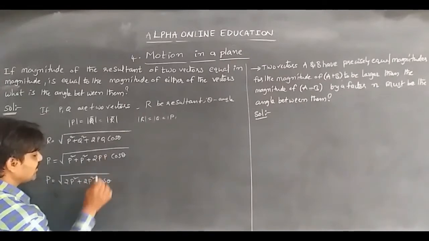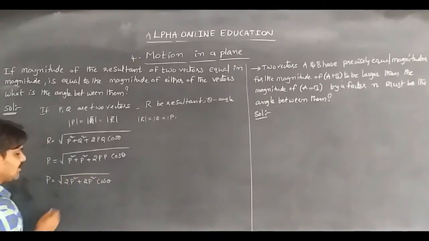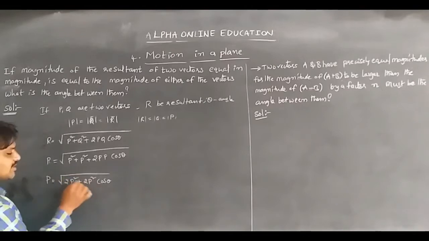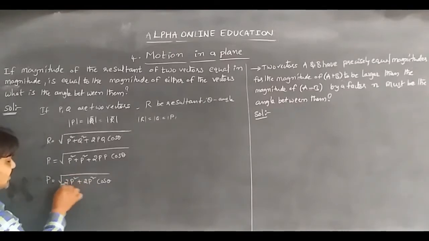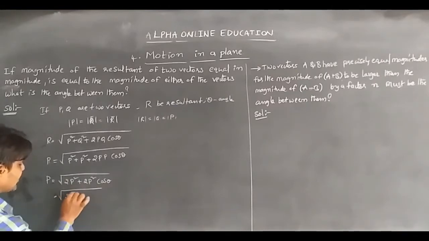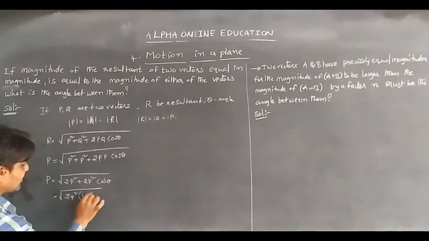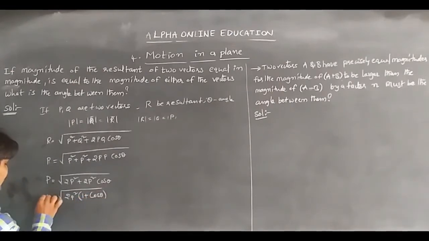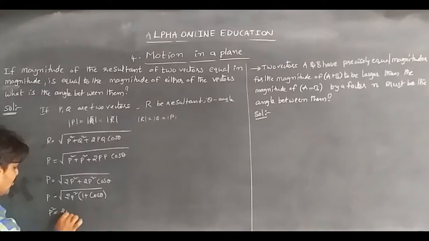Taking 2P square common, P is equal to the square root of 2P square into 1 plus cos theta. Taking the square root to this side, P square is equal to 2P square times (1 plus cos theta).